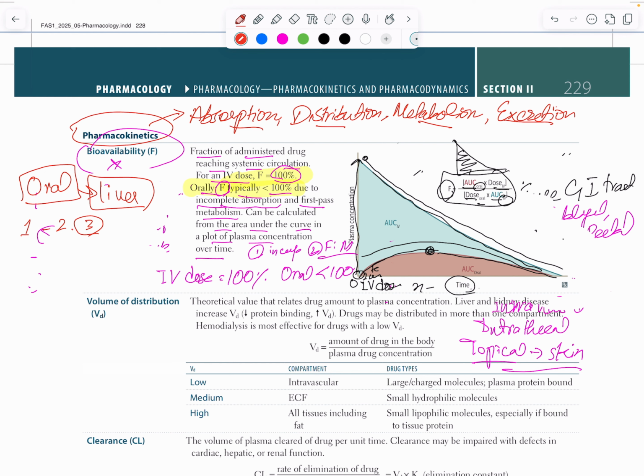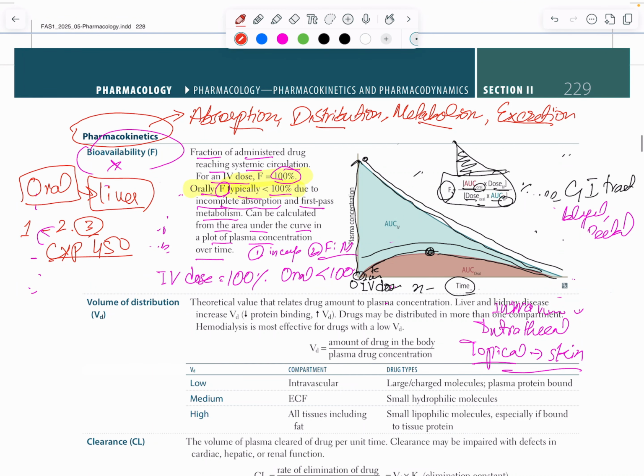In the third zone, there is cytochrome P450 that will metabolize that drug, and during this there are two phases of conversion in which the drug will become polar, ionized, or metabolized by the liver and excreted from the body.